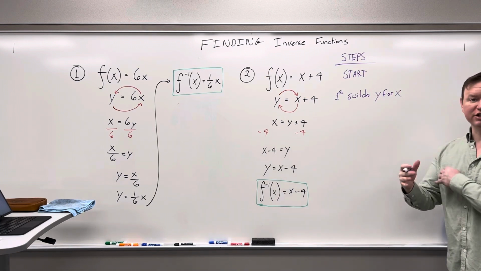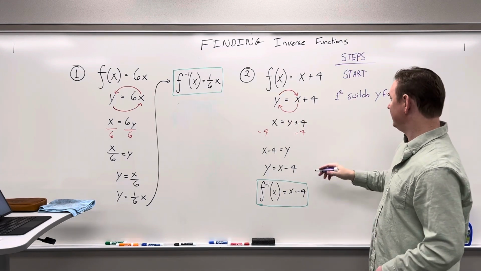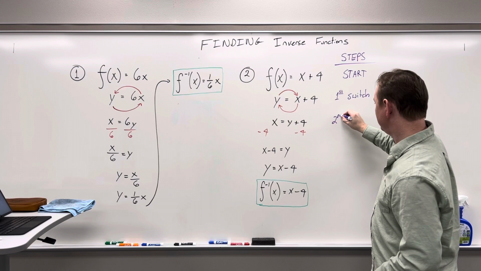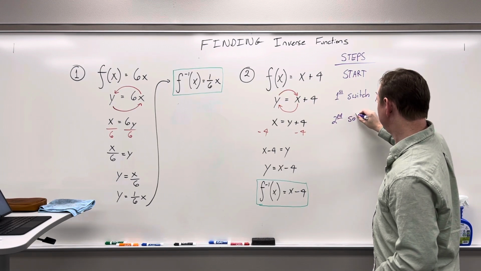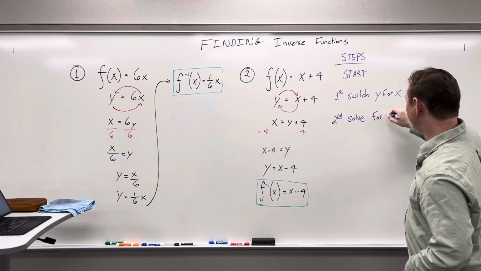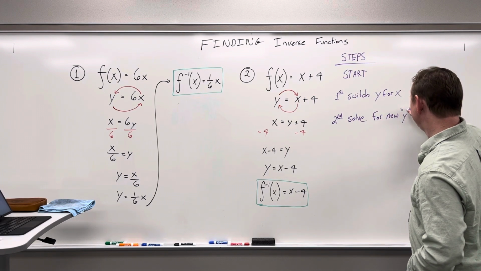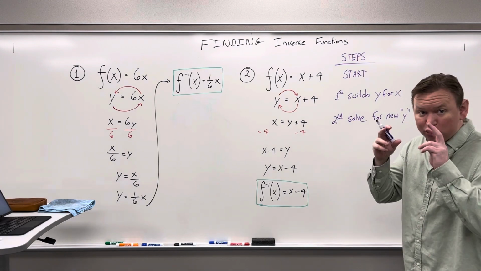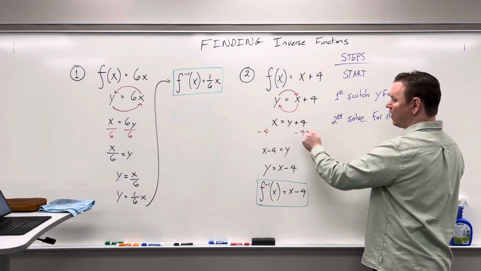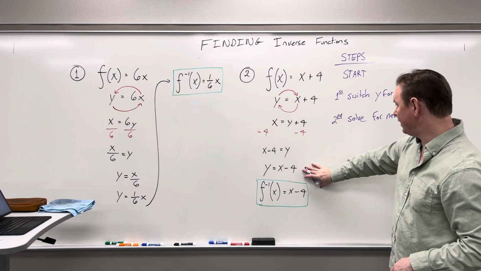They're just trading places. So we're just flipping it out right here, right? And then our next step, we just solve for that new y. Because now that y's right there, we solve for it, right?